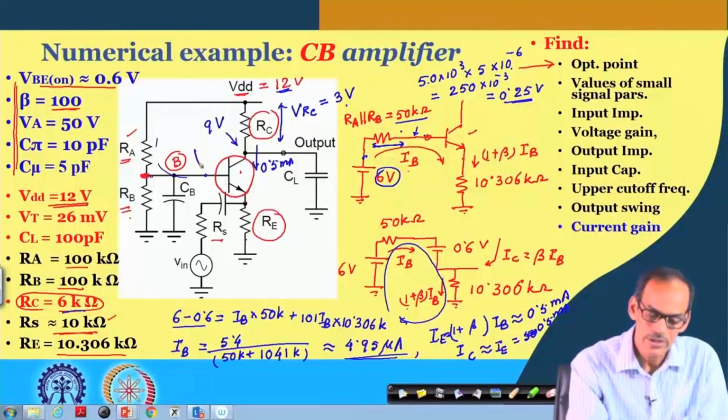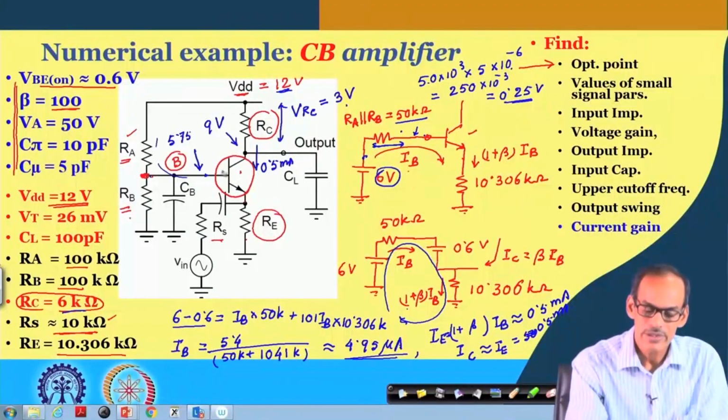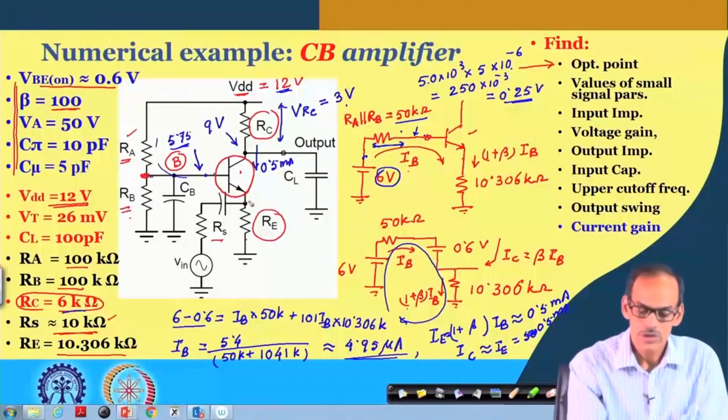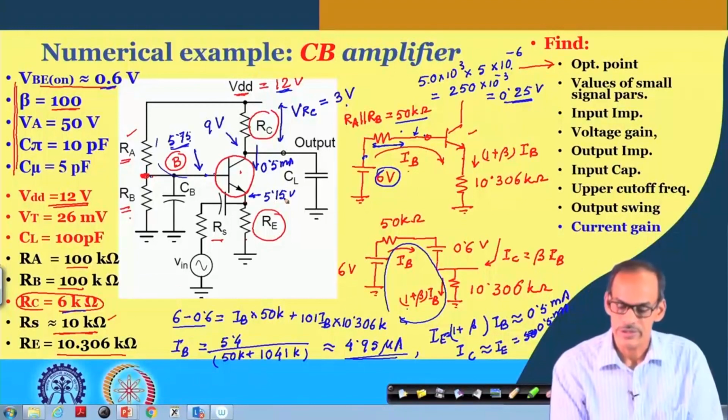So, the DC voltage coming here is 5.75. That ensures that the device is in the active region of operation, and of course, the voltage coming here is 5.75 minus 0.6. So, that is 5.15. That is how we can get the operating point of the transistor.